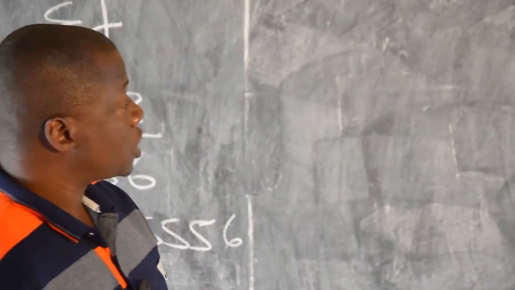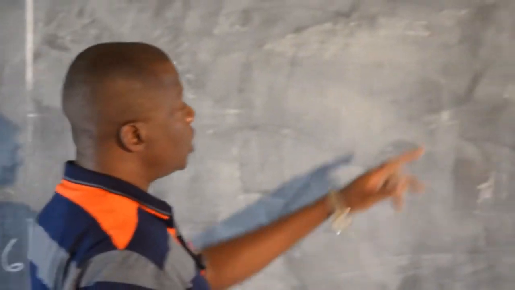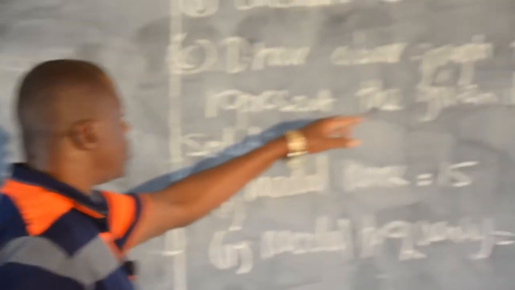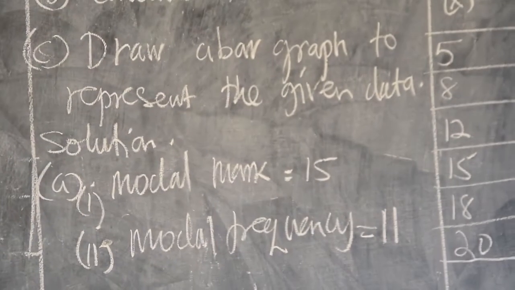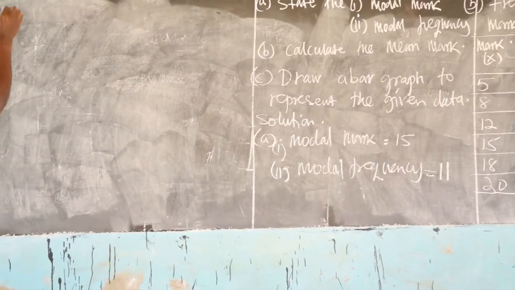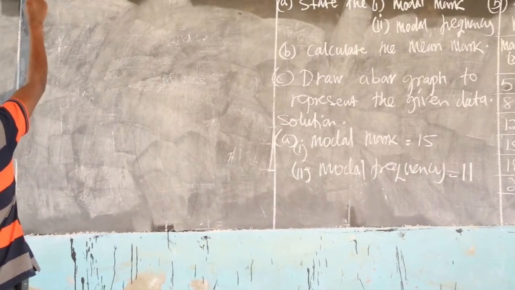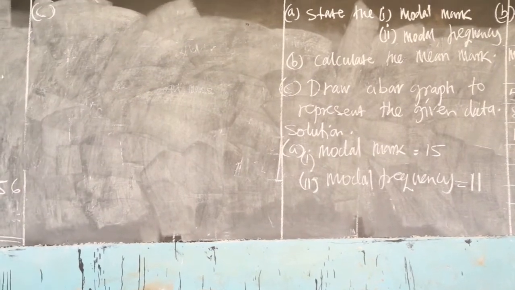At the last question, they told us to draw a bar graph to represent the given data. That is part C. It is very important to indicate the title.